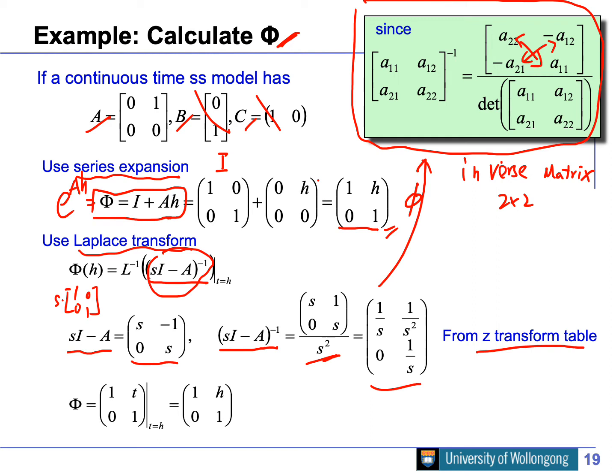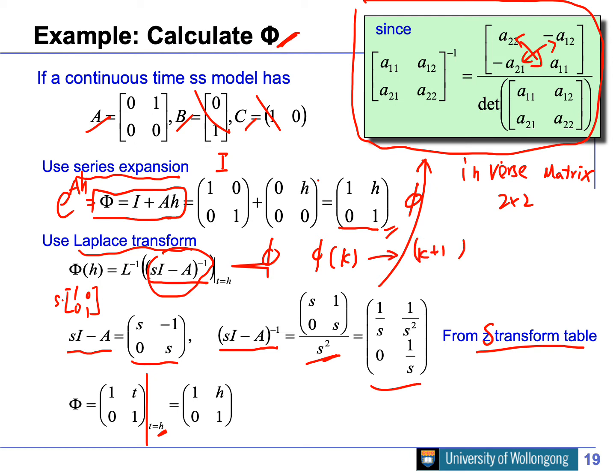You got this Laplace S transform table. 1 over S is 1, 1 over S is 1, and 1 over S square is actually T. Okay, and this is from the table, but T is basically H, the sampling period. Because remember, in the discrete time domain, the phi is trying to link between K to K plus 1.